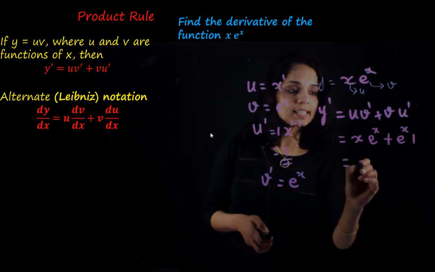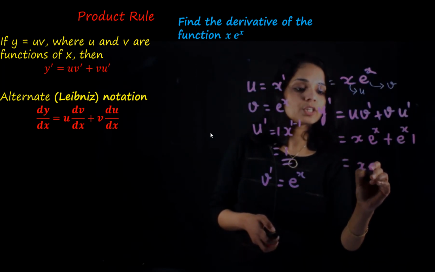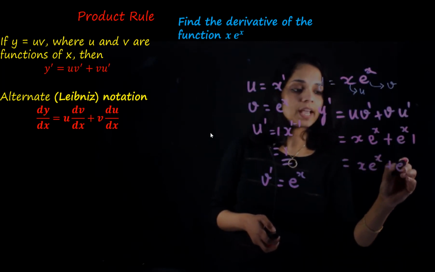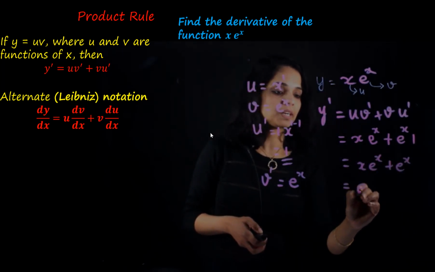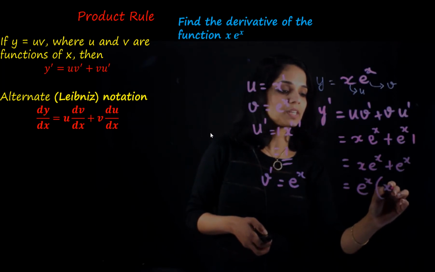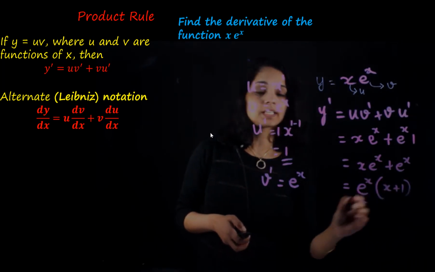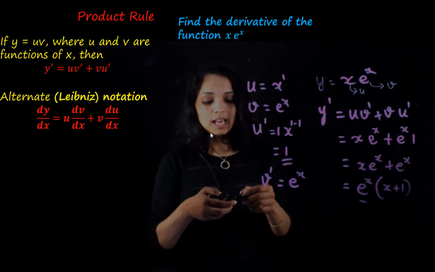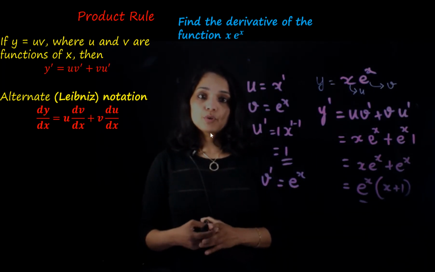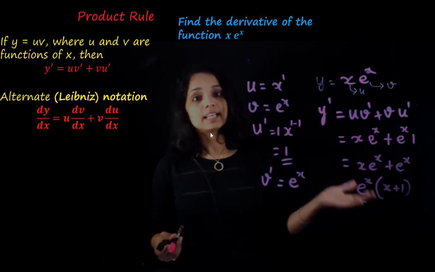So the answer now is x e to the power x plus e to the power x. If you want, you can rearrange this by writing e to the power x times x plus 1, taking the common term outside. So this is how we do one example, and let's do one more example before we learn the quotient rule in the next video.